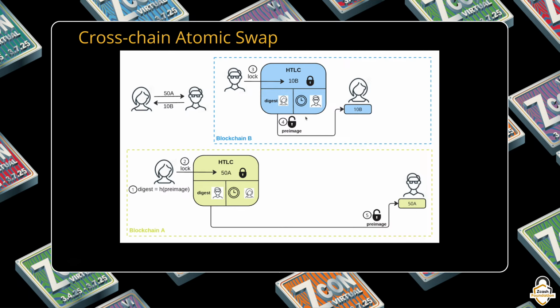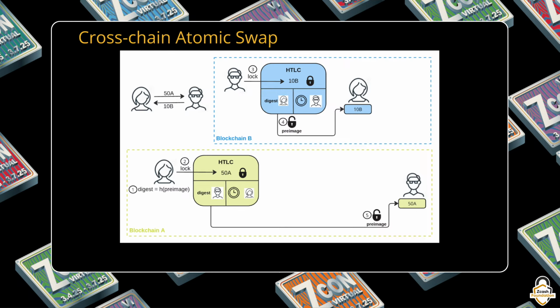once it is sent to the blockchain, Alice will be able to unlock it, so to spend the 10 of asset B, because she knows a pre-image of this digest. She decided the digest, so she knows a pre-image.